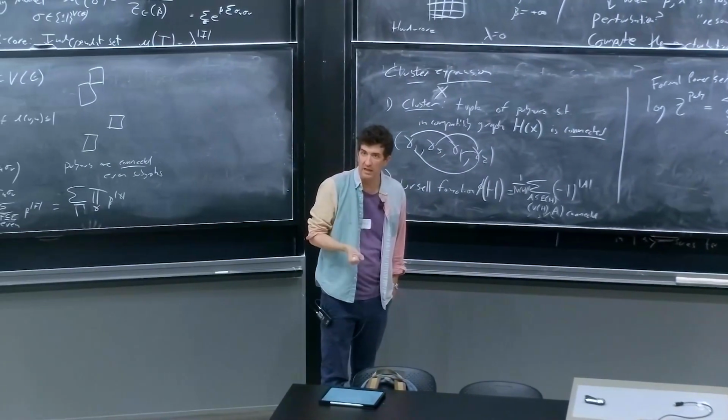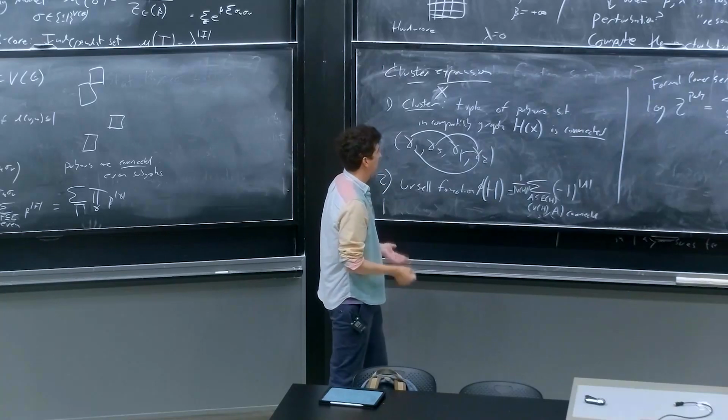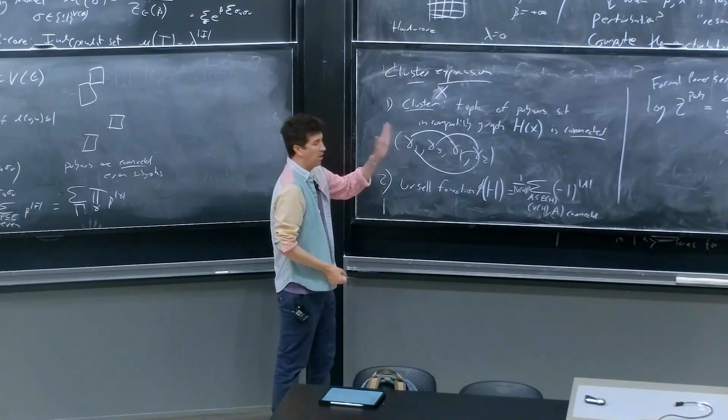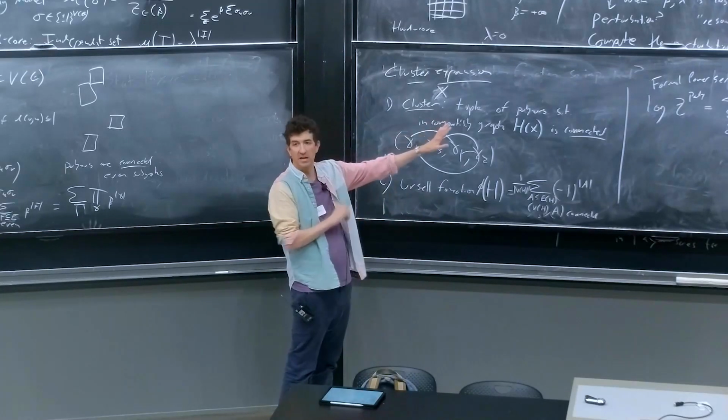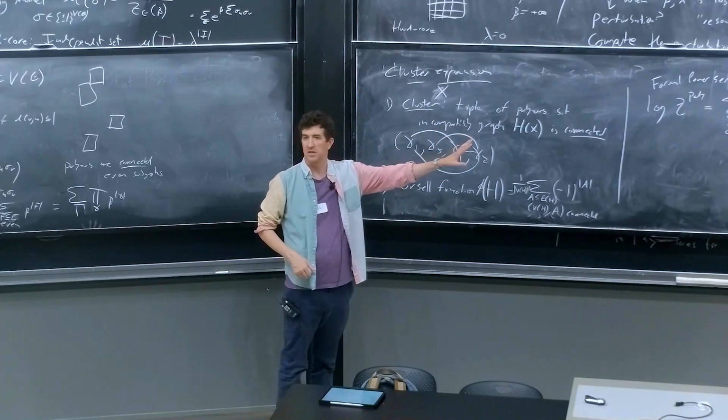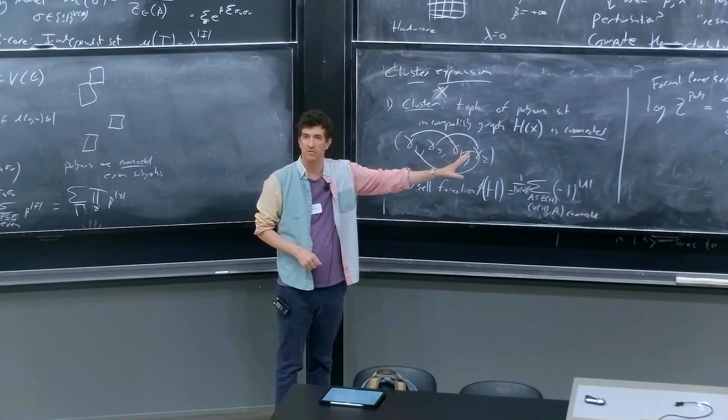Notice that this is definitely an infinite series because I can always take gamma 1, gamma 1, gamma 1, gamma 1, gamma 1. That's a cluster. So this is definitely an infinite series. And at the moment, this is just a formal power series. We don't know about convergence.